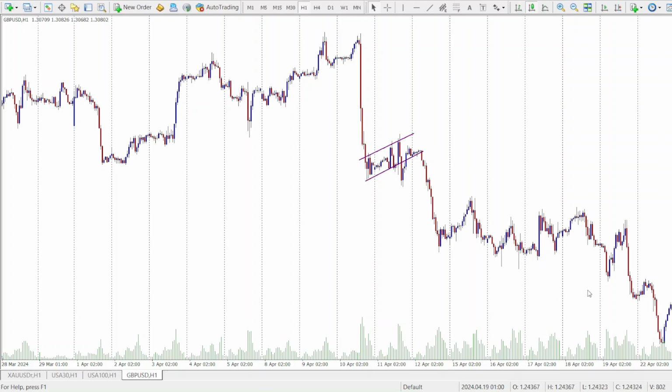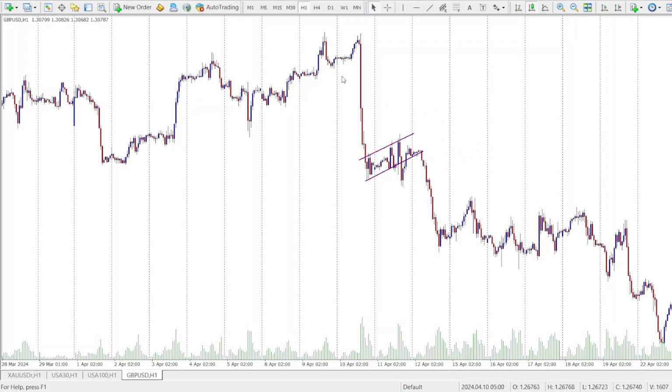Now, the bear flag tells you that the market is likely to continue its previous downward trend after a temporary pause. Initially this was a downward trend, and then there was a pause. Perhaps there was some struggle between the bears and the bulls, but whenever you spot this pattern and there happens to be a breakout, then you know that the sell trend is likely continuing. The flag part is typically a weaker upward move compared to the strong downward flagpole.